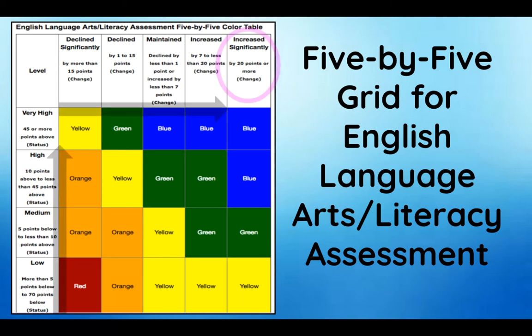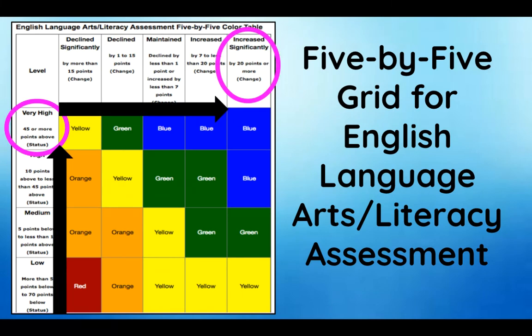For this grid, a district or school would find themselves in the blue area if they currently had a status of high to very high levels of achievement, as well as the number of points scored has increased or significantly increased over time. It is important to note that while the sidebar for status and the top bar for change performance descriptors may change based on the indicator, the grid remains the same in that the red will always be on the bottom left and the blue will always be in the top right.